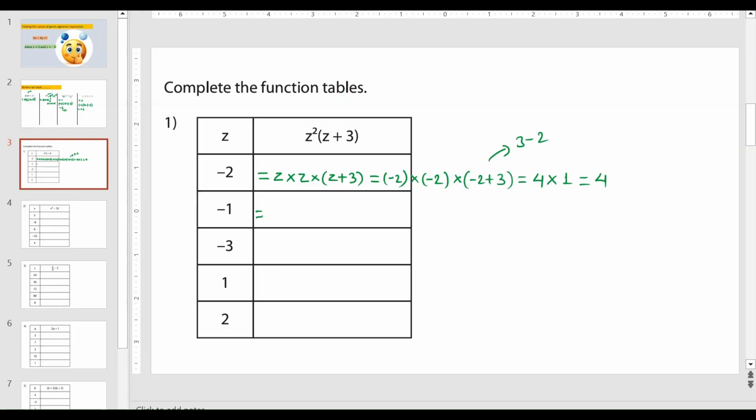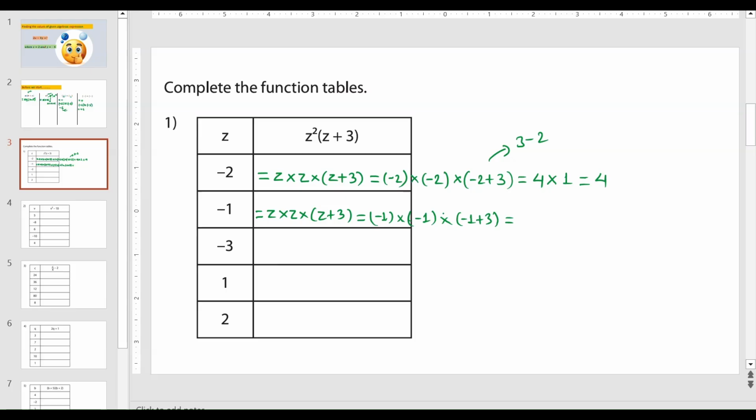Similarly, let's simplify the next one. When we have the value minus 1, what will the expression's value be? Again, simply z times z times z plus 3, the same expression but a different value of z. Minus 1 times minus 1 times minus 1 plus 3.